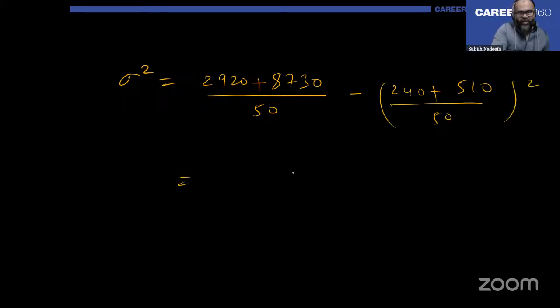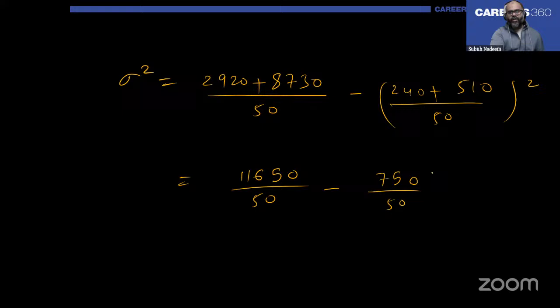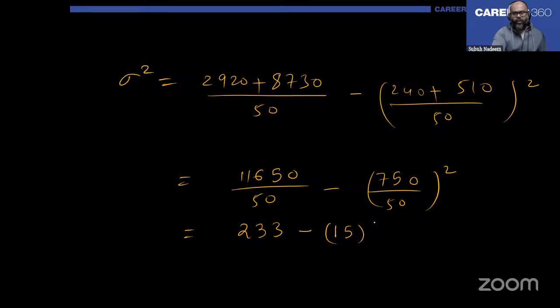So what we get here is 11650 by 50, minus 750 by 50 whole square. So this simplifies, the zeros cancel, and it is 233 minus 225, which is equal to 8.